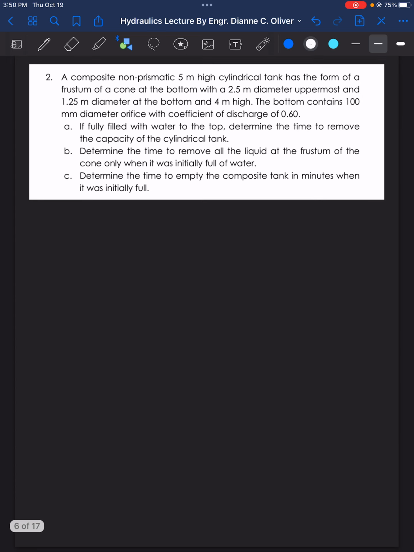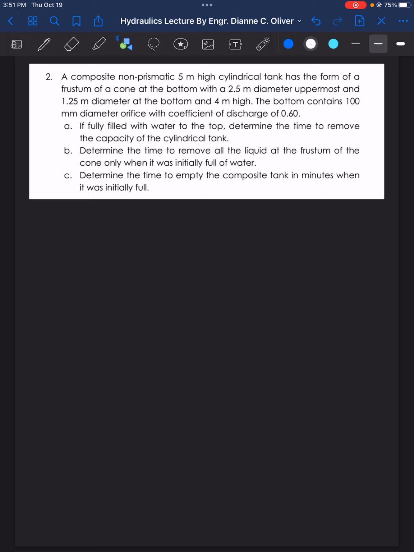Let's go to number 2. A composite non-prismatic 5 meters high cylindrical tank has the form of a frustum of a cone at the bottom with a 2.5 meters diameter uppermost and 1.25 meter diameter at the bottom and 4 meters high. The bottom contains a 100 millimeters diameter orifice with coefficient of discharge of 0.60.